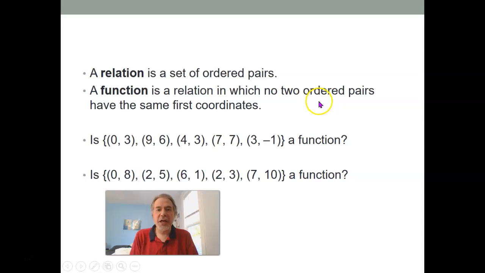Well, what do we have to check? We have to make sure that no two of these 5 ordered pairs have the same first coordinate. And yes, that's true. This is a function. Now, there are a couple ordered pairs that have the same second coordinate, but that's okay. It still counts as a function.